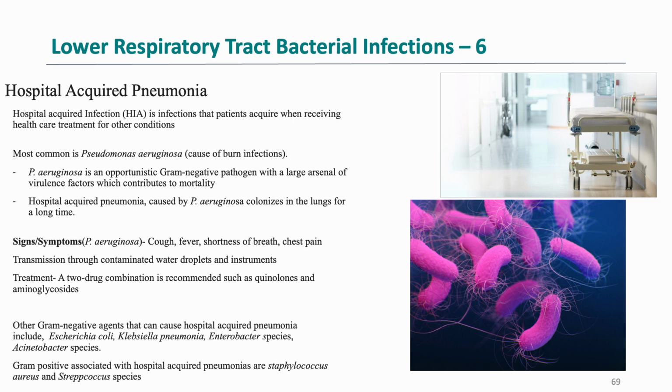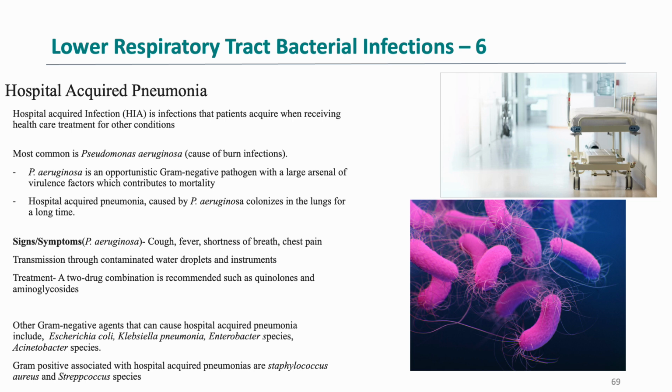So, some signs and symptoms of Pseudomonas aeruginosa are cough, fever, shortness of breath, and chest pain, and it is commonly transmitted through water droplets and instruments. And then usually the treatment that they recommend is a 2-drug combination.